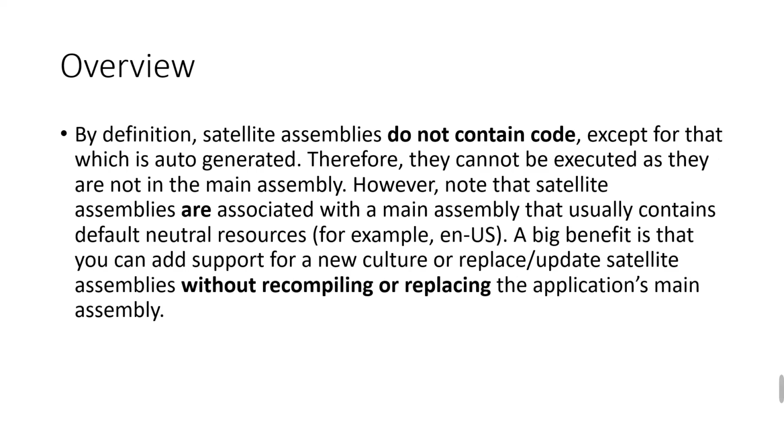If we talk about the overview of satellite assemblies, a satellite assembly does not contain code except for that which is auto generated. Therefore they cannot be executed as they are not in the main assemblies. So resource assemblies should be in the main assembly, generally called the main assembly, and accordingly the appropriate satellite assembly is used for the functionality.